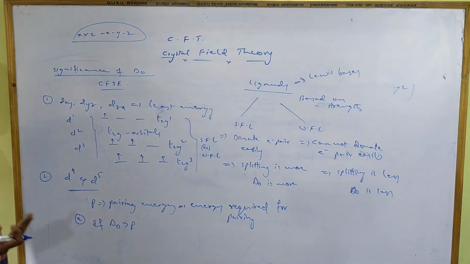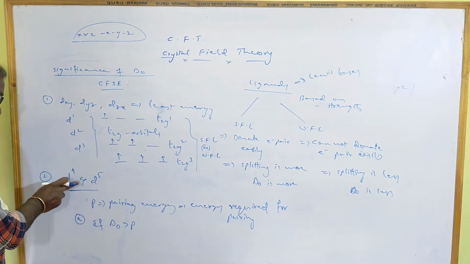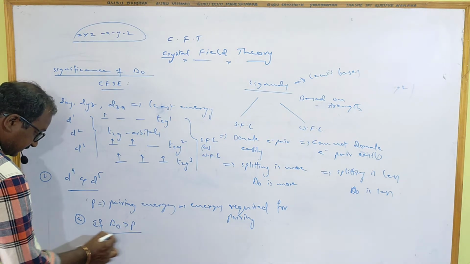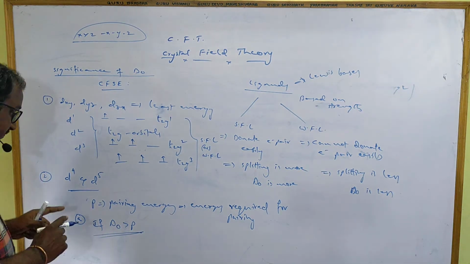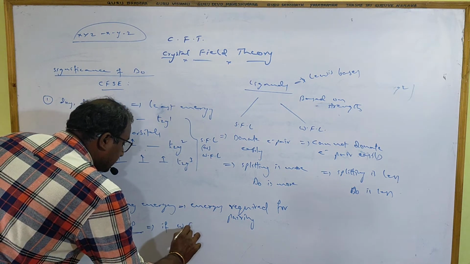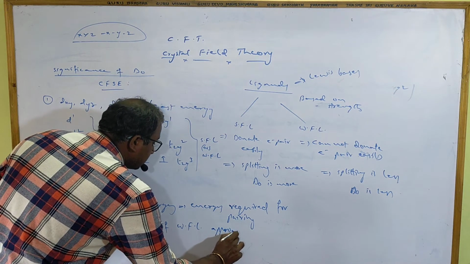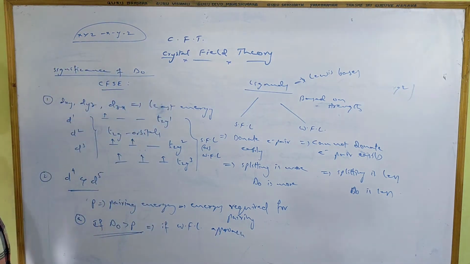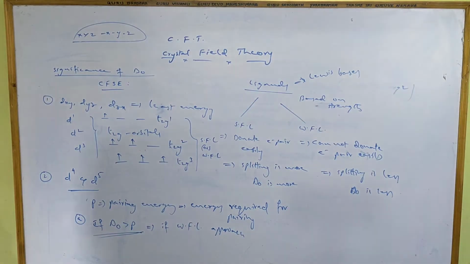That is important in case of d4, d5. So if delta O is greater than P, this will be there if weak field ligands approach. This will happen when weak field ligands approach; delta O becomes greater than P.